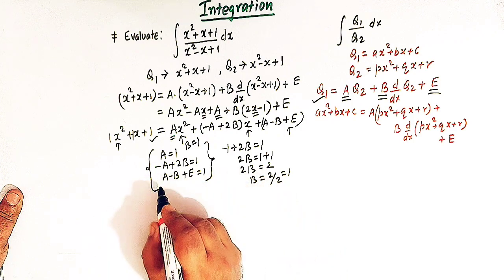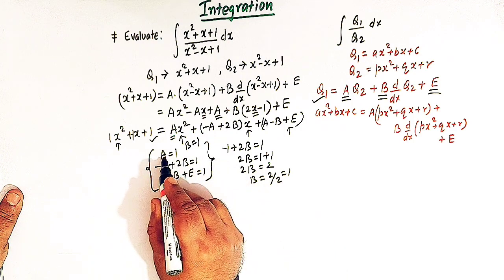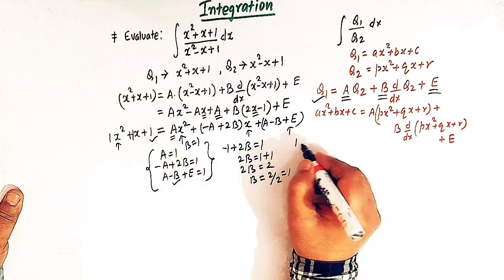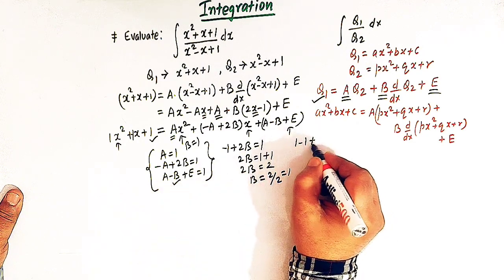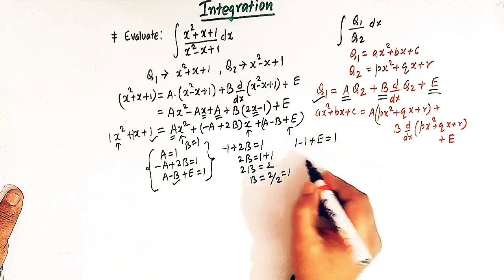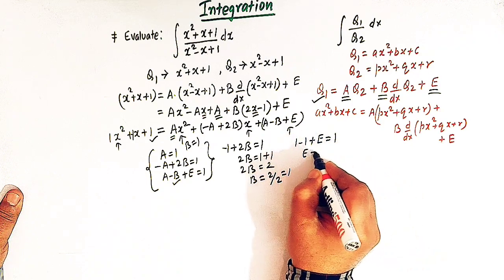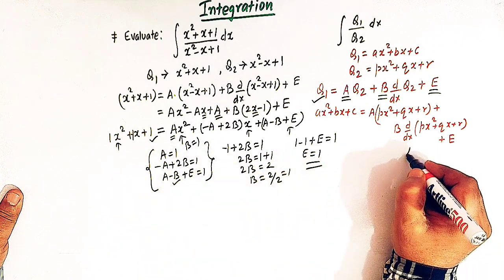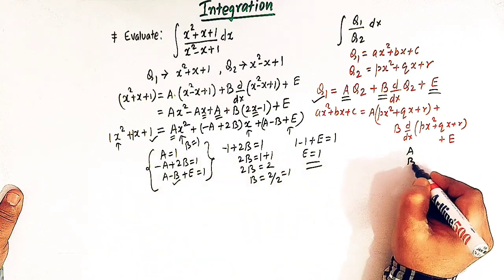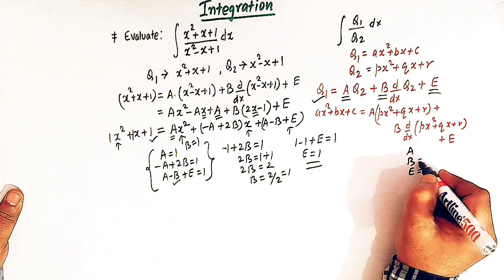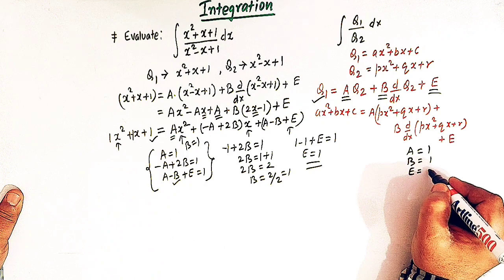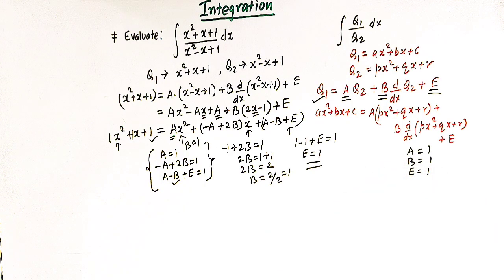Now taking the values of a and b in the third equation, we have 1 minus 1 plus e is equal to 1. So this is 0, and we have e is equal to 1, right? So we have obtained the values of a, b, and e as 1.